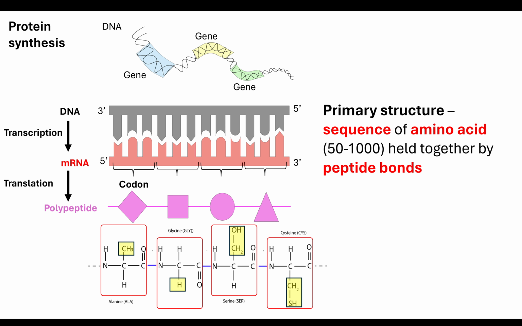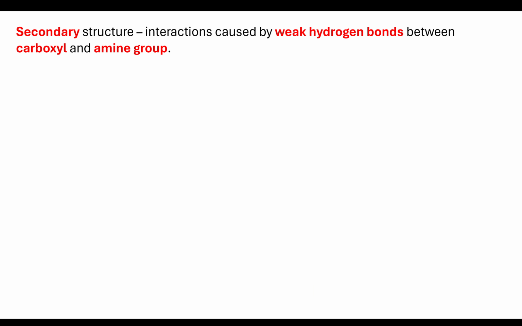We're looking at the peptide bond being between the carboxyl group and the amine group of adjacent amino acids. When we look at the secondary structure, we're still only looking at the carboxyl group and the amine group, but this time these interactions are not with adjacent amino acids. This is interactions between further away amino acids.